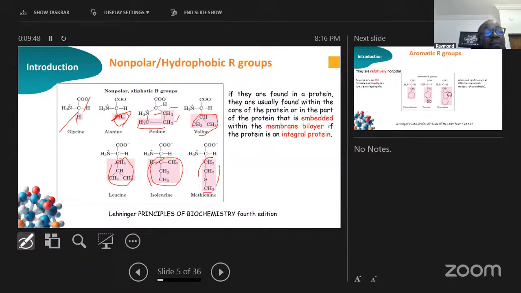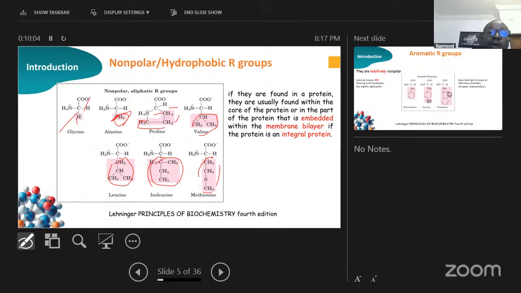We say a protein is a polymer made up of monomers of amino acids. So these amino acids are the ones that are joined together to make what is called a protein.